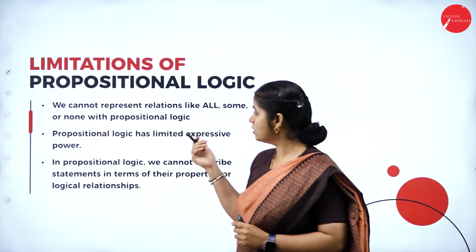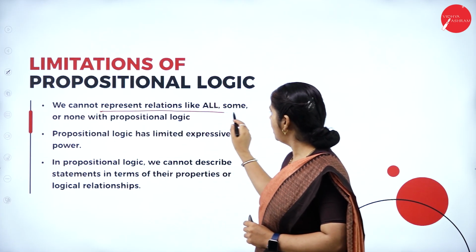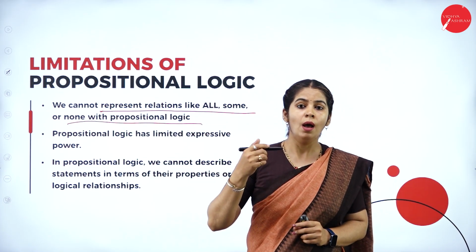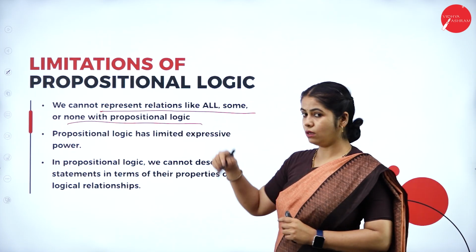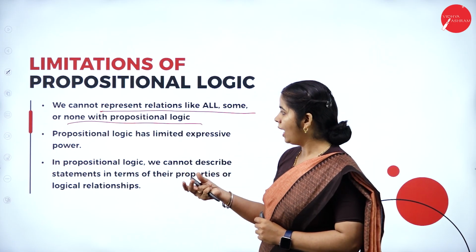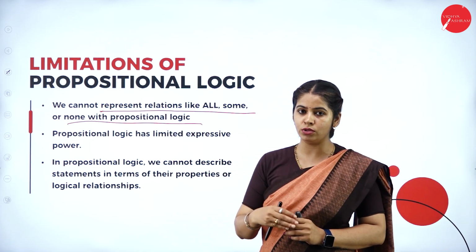That is the first drawback. We cannot represent relations like all, some, none, or the other quantifiers using propositional logic. So we cannot represent that all will be true, some of the sentences are true, and none of the sentences is true.